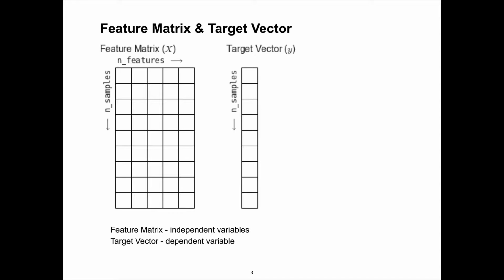So what they call a feature matrix is basically your data points for each feature, right? In a two-dimensional matrix. And then your target vector is the value you measured from your data on the dependent variable.